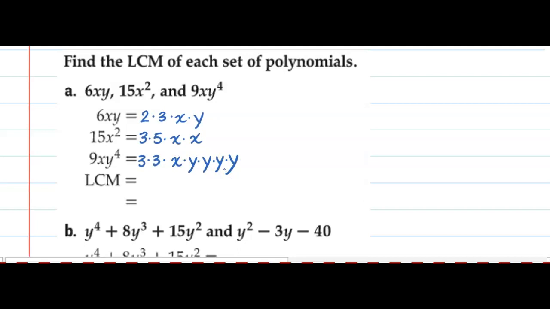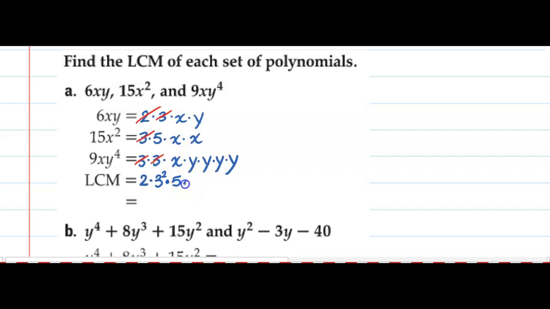So when we want to make a list of our least common multiple, we need a factor of 2. That comes right from there. This one has one factor of 3, one factor of 3, 2 factors of 3. So we have to choose 2 factors of 3. That takes care of our 3's. And then we have one factor of 5. Now let's take a look at the x's. 1 x, 2 x's, 1 x.